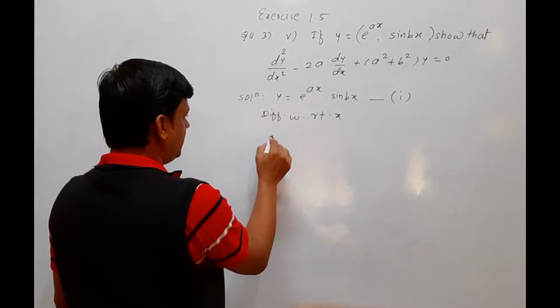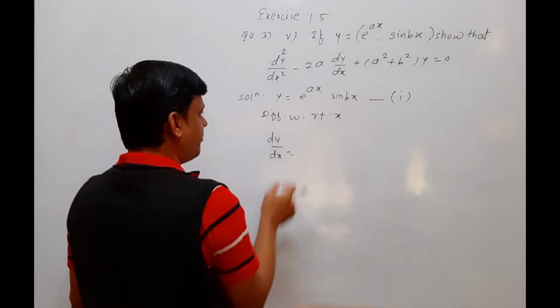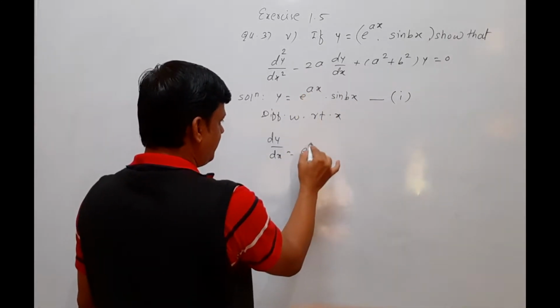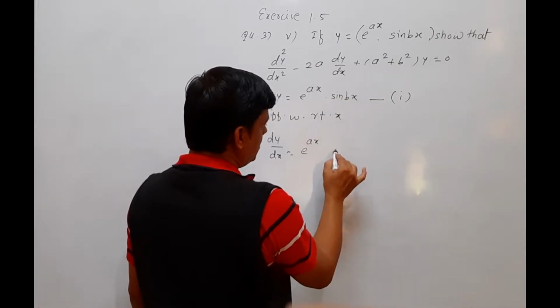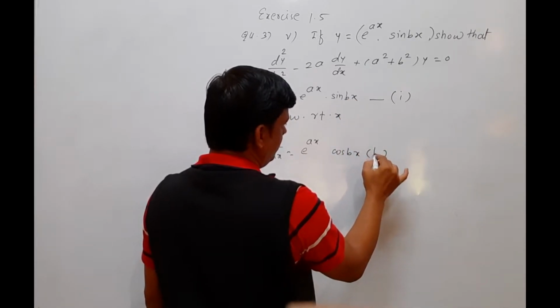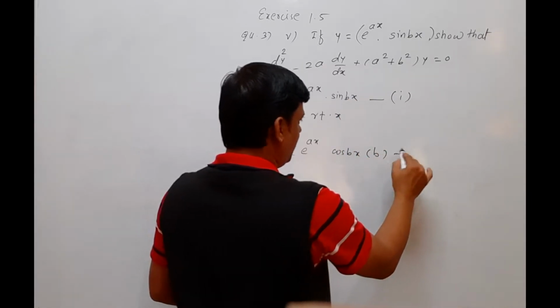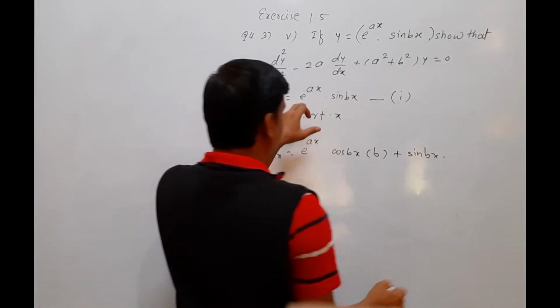So differentiating with respect to x, we get dy by dx is equal to, here we have to apply the product rule. So first function into derivative of second, derivative of sin we get cos, so cos bx and derivative of bx, which is b. Then plus second function, that is sin bx, into derivative of first.